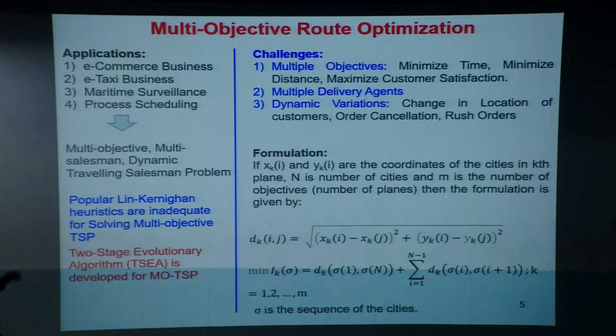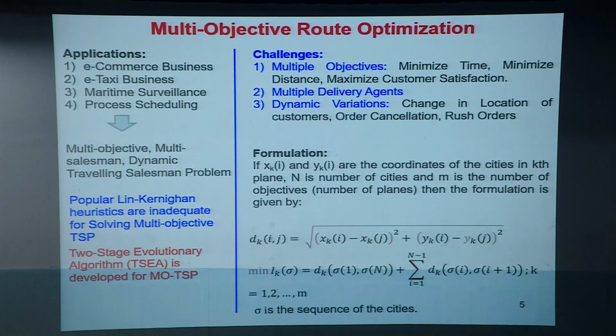Now, as I said, these local heuristics are good for solving single objective problems. But when it comes to multi-objective, the algorithms which come to our mind are evolutionary algorithms like genetic algorithm, particle swarm, or differential evolution. Even though they are good at solving multi-objective problems, their issue is primarily handling the combinatorial constraint.